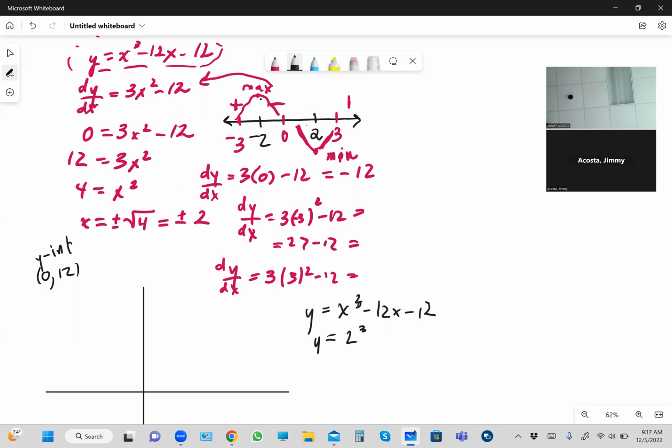We have 2 to the third minus 12 times 2 minus 12. So that's 8 minus 24 minus 12. 8 minus 24 is negative 16, minus 12 comes out to negative 28. So now we have our min. Our min is 2 comma negative 28.